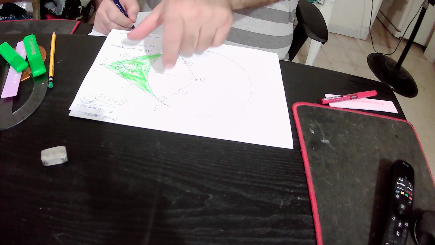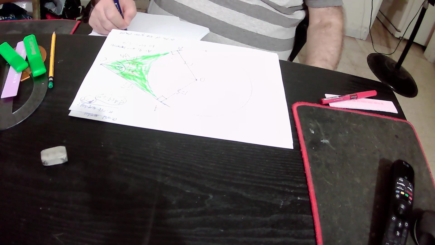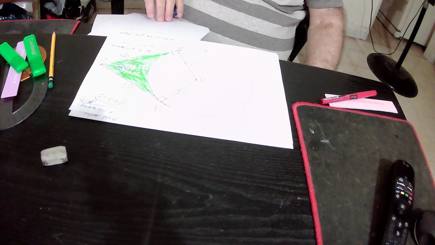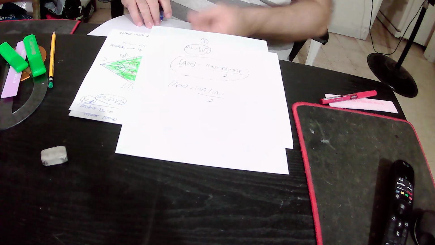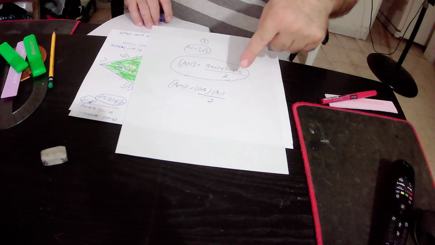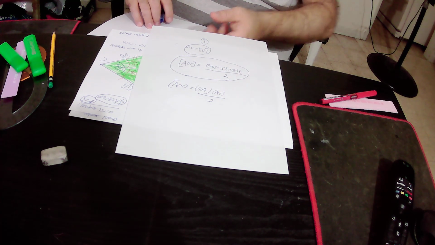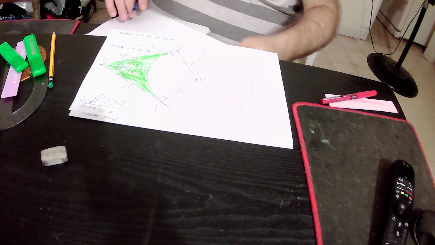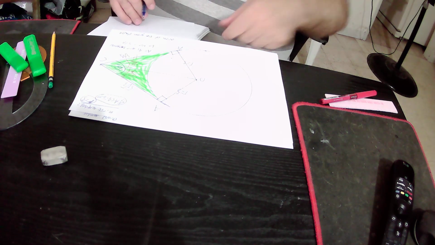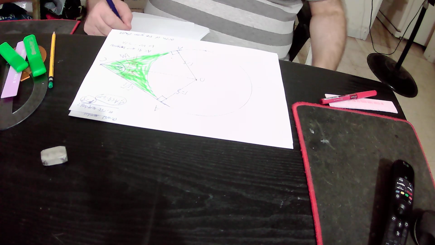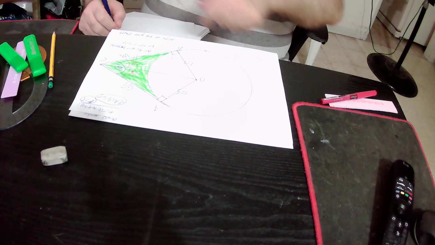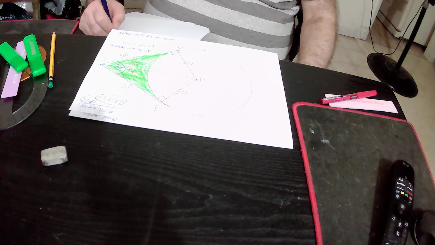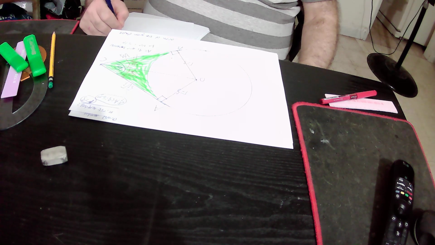And the height is AC over 2. So the area of triangle AOC equals the base, OA, times the height, AC over 2. But what is the value of OA? OA equals 5 units times AC, and AC equals 5 times root 3 units, all divided by 2.